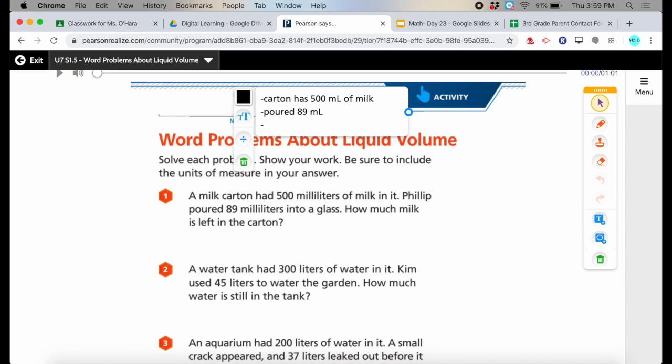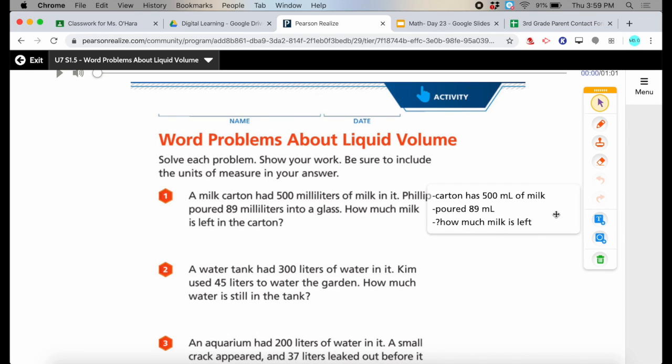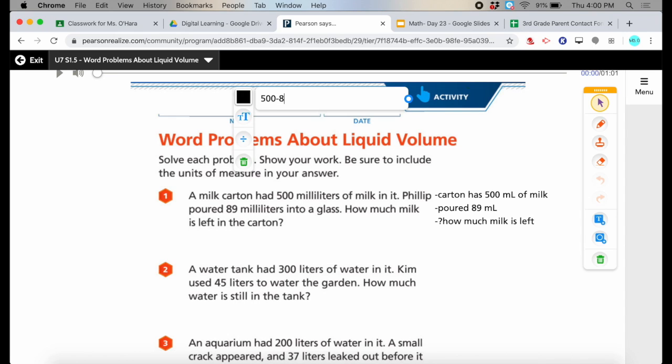Question is, how much milk is left? So now I can drag this over here. And I see that he started with 500 and then he poured 89. Now we're trying to figure out how much is left. So I can write my equation to show 500 minus 89 equals the unknown. And that's how much milk is left.